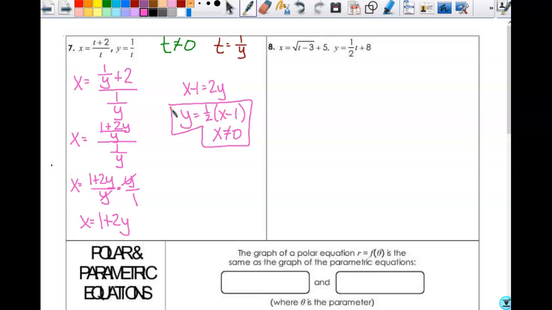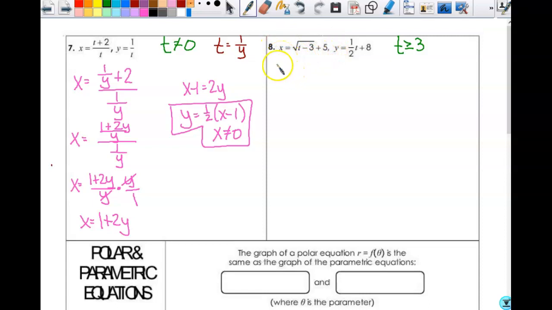All right, so on number 8, they did not give me a domain restriction, but that's a square root function, so I have a domain restriction. I know here that t has to be greater than or equal to what? The 3. Yes. And so I'm going to actually solve for t in this one so I can get rid of the square root.